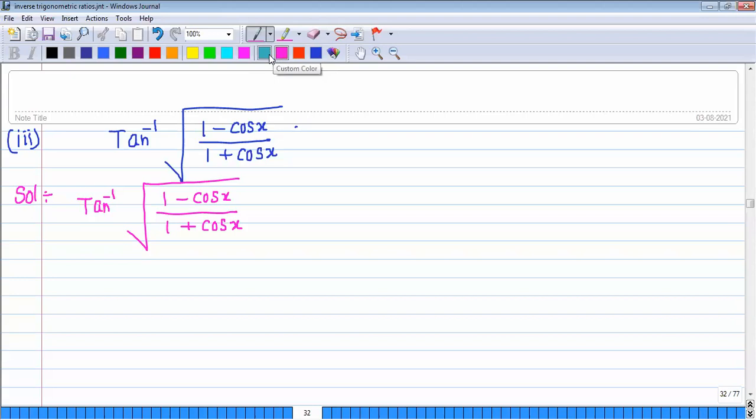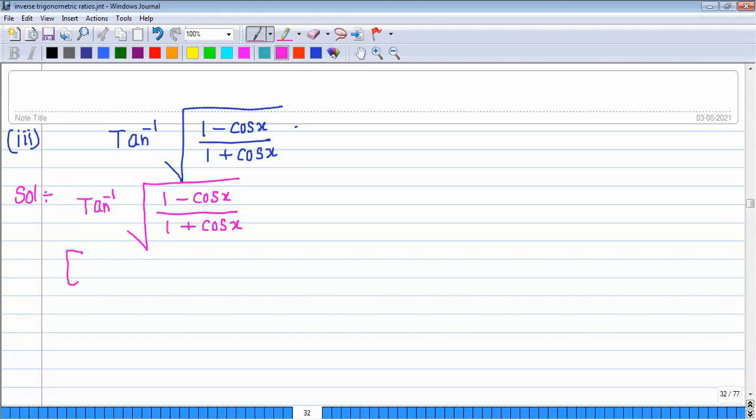Tan inverse of root of tan square x by 2 is equal to tan inverse of tan x by 2, which is x by 2. Okay, let us see. Check your answer.